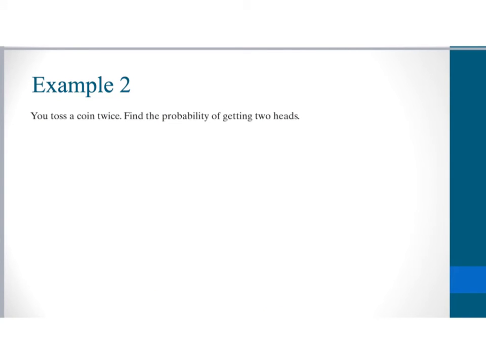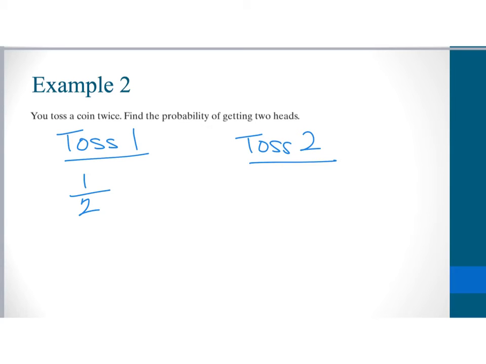For example number 2, it says you toss a coin twice. Find the probability of getting 2 heads. So I'm going to look at toss 1 and toss number 2. The first time I toss this coin, I can either get a heads or a tails, and there's only 1 heads out of 2 possible choices.